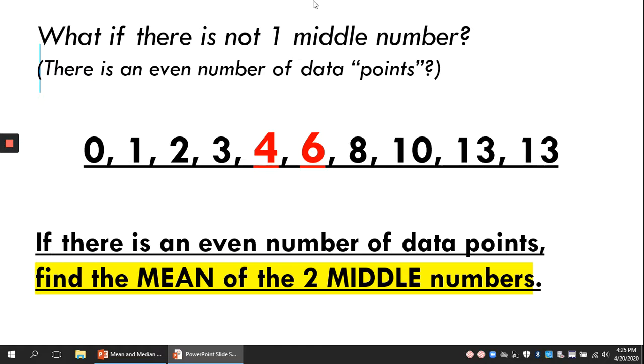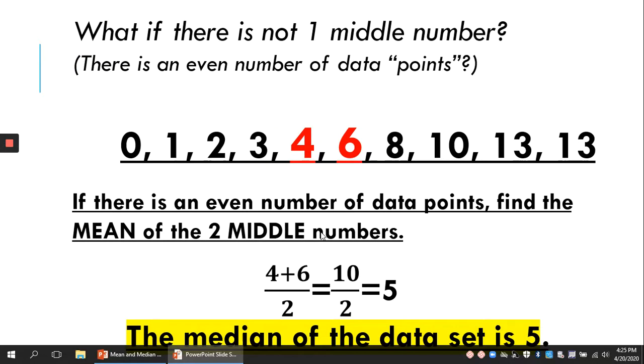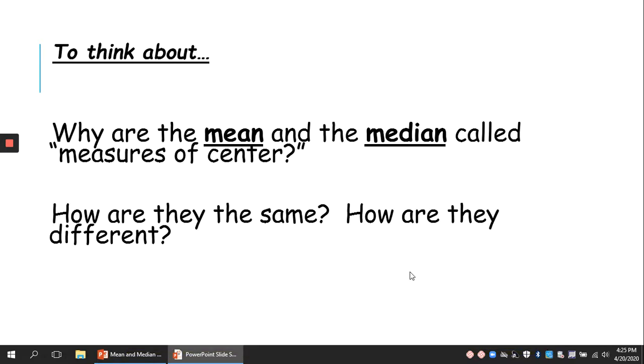Now remember, to find the mean, that means that you're going to have to add them together and divide by how many. So the mean of 4 and 6 is 5. So the median of this data set is 5 because we found the average of 4 and 6 right there.